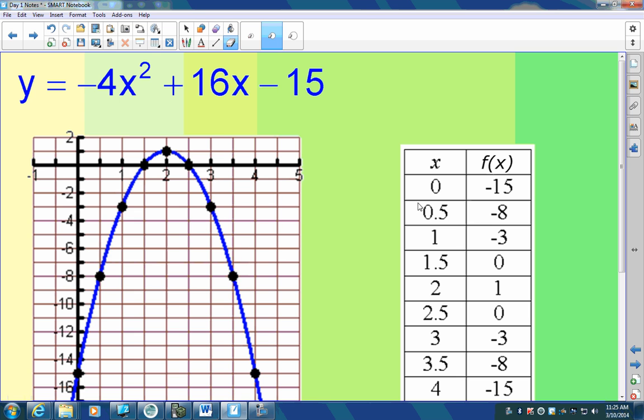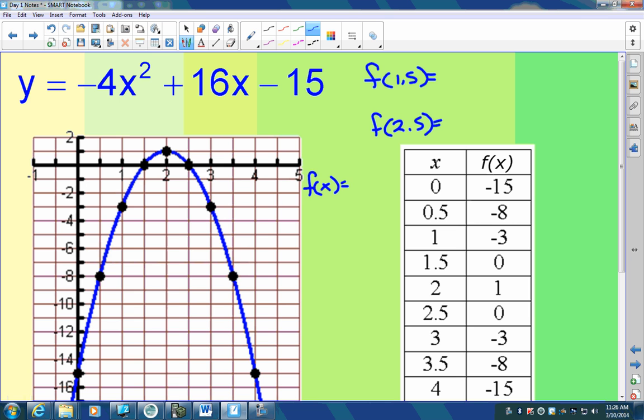number 18 says, what is f of 1.5? It says, what is f of 2.5? Then it says, f of x equals 0. What are my answers to this? What does this mean when it says f of 1.5?